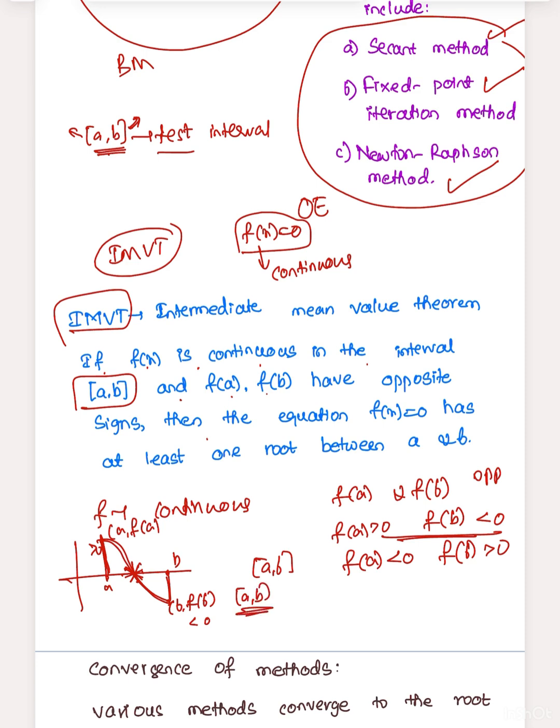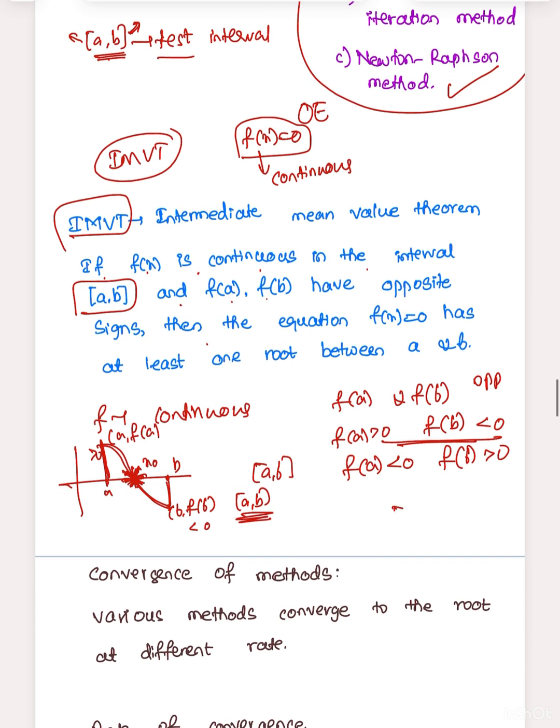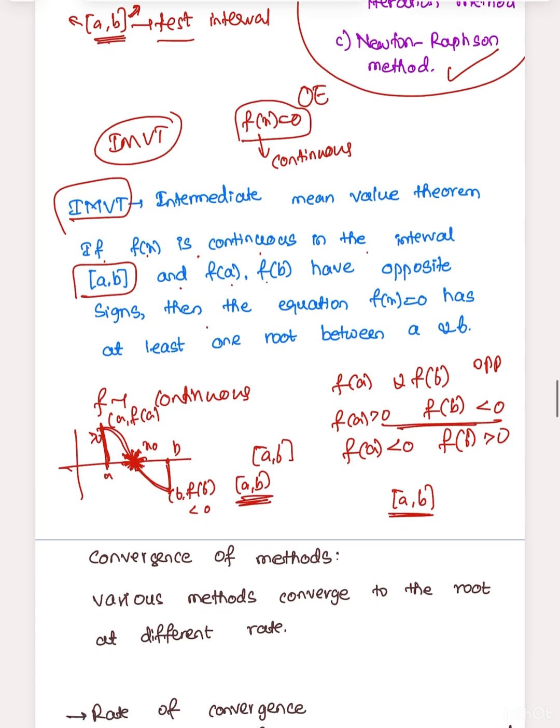Root means it is the point where the function cuts the x-axis, so this will be the root. This is how the intermediate value theorem is applied and the test interval is obtained. We have to know how the test interval is obtained in the upcoming methods.